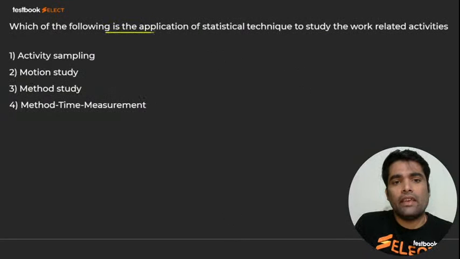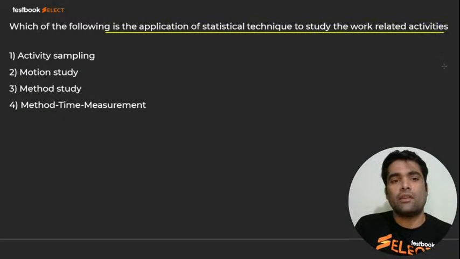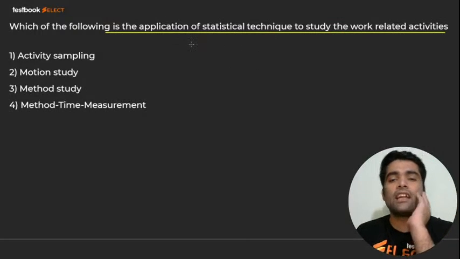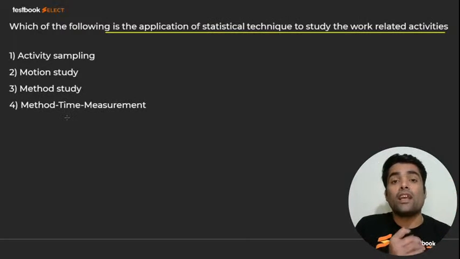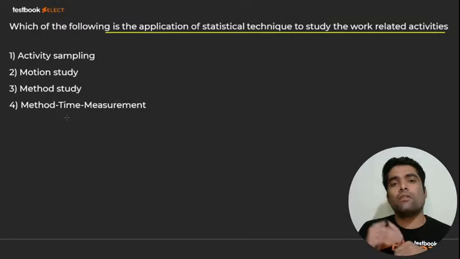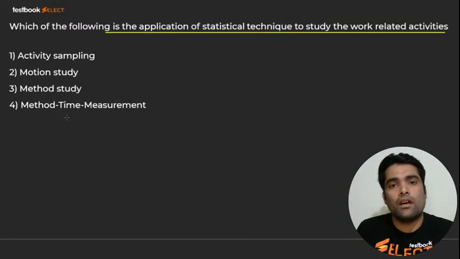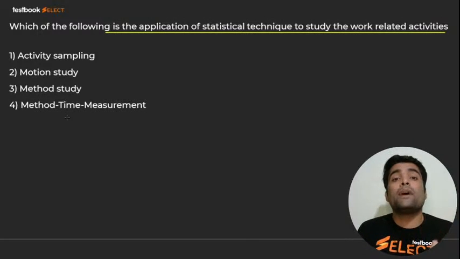Which of the following is the application of a statistical technique to study work related activities? My dear, in activity sampling, what we do? We analyze which worker is idle for how much time, how much time goes to work on the machine, and how much time goes to personal needs.